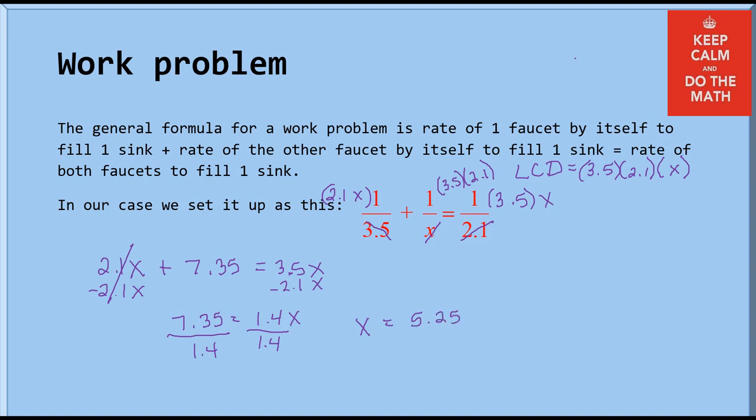Once we've rounded, you're going to have to round the answer. So that means that it took 5.25 minutes to fill the sink with just the one faucet.